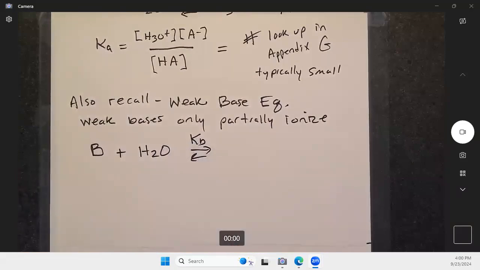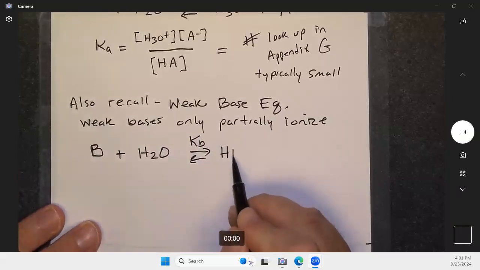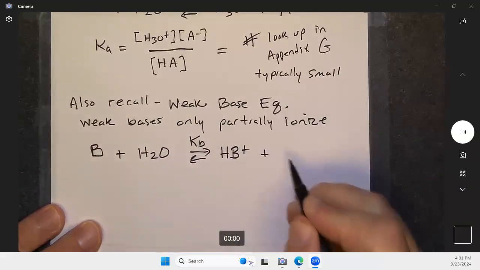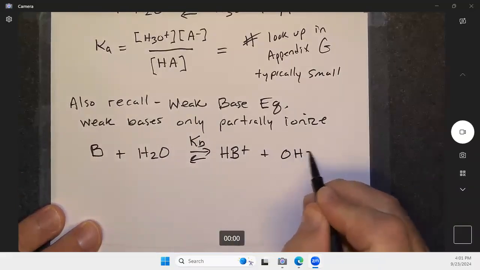In this case, water is going to act like a Bronsted-Lowry acid. It's going to protonate that Bronsted-Lowry weak base. So we're going to end up with HB plus. We took an H plus off the water, stuck it on the neutral B. Now we get HB plus, and then we're left with OH minus.